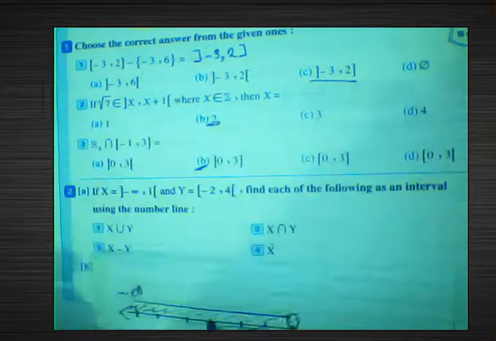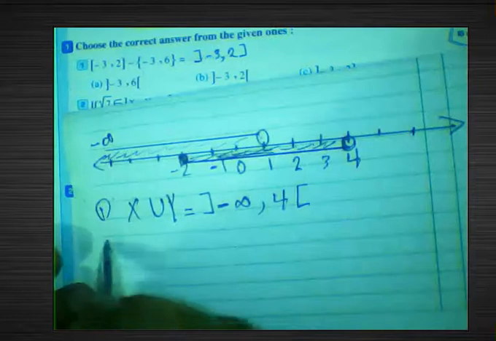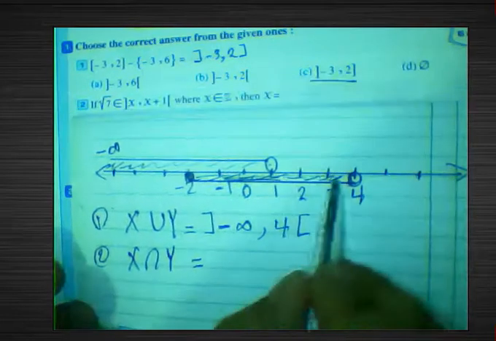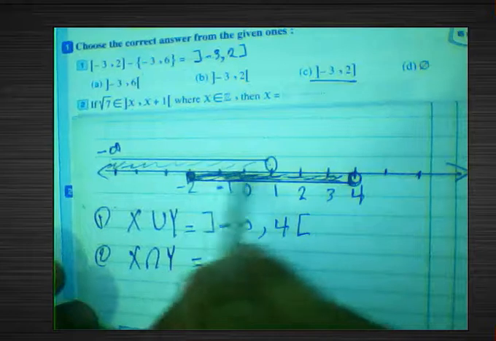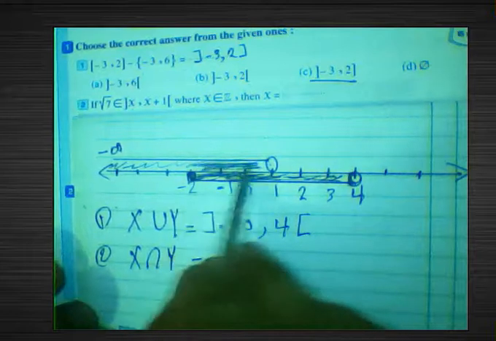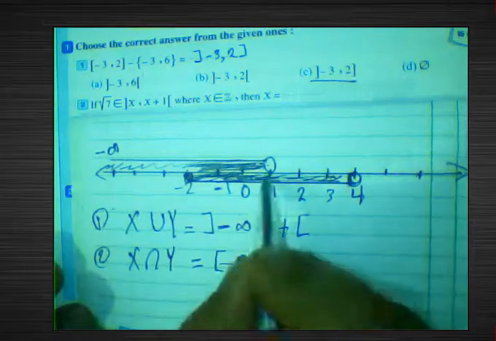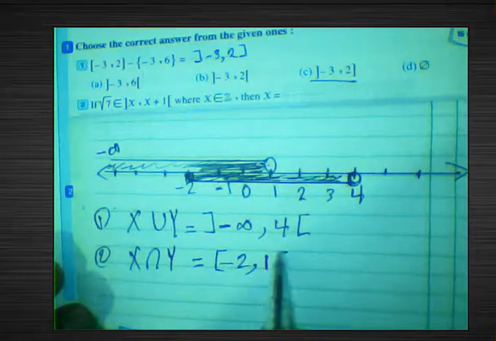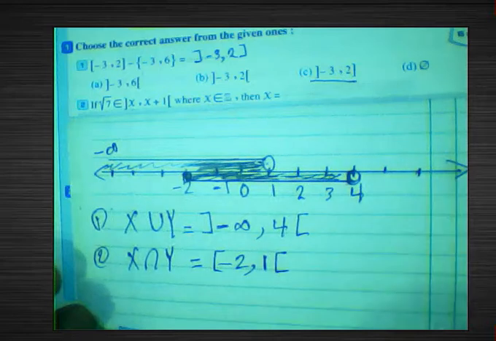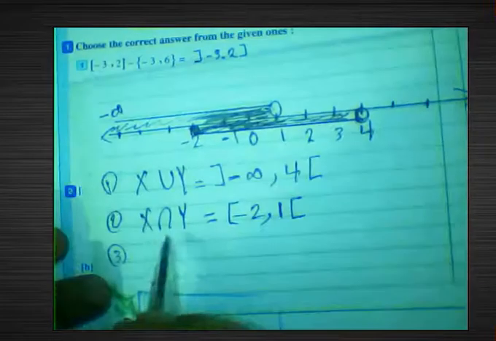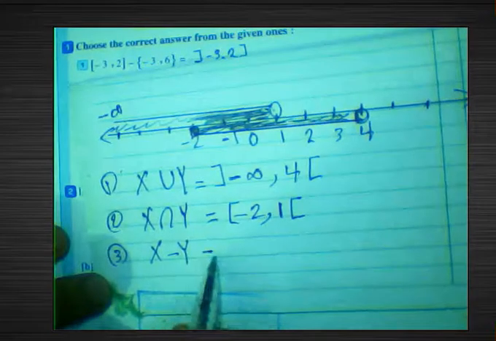Number 2, x intersection y. We have the intersection between the two, from -2 to 1 open.